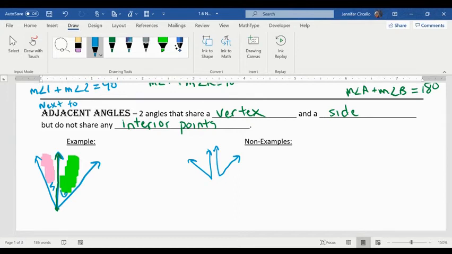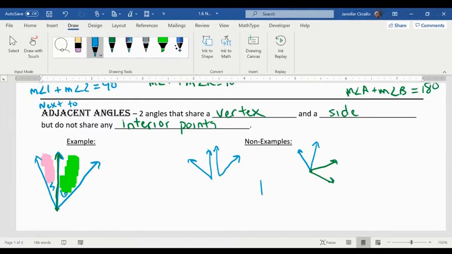Okay, another example would be two angles that share a vertex like this, but they don't share a side. The blue angle and the green angle share a vertex, but they don't share a side, so they are not adjacent. Okay, let's try another one.